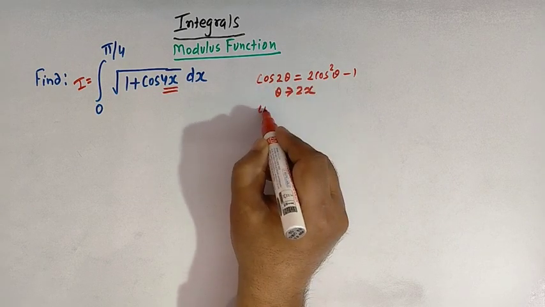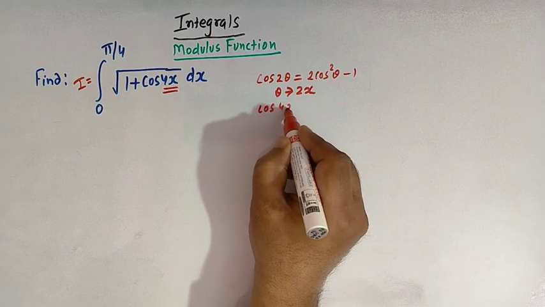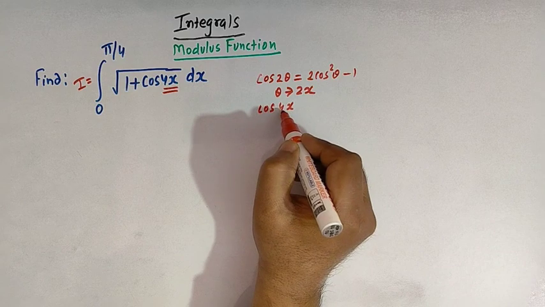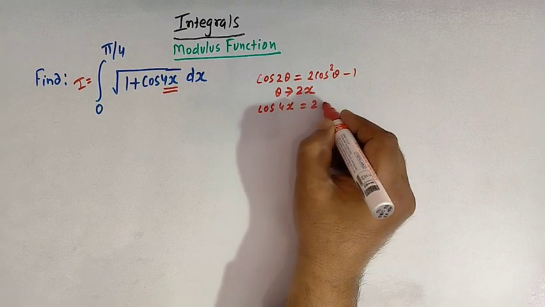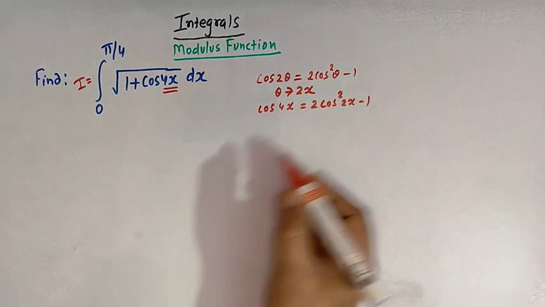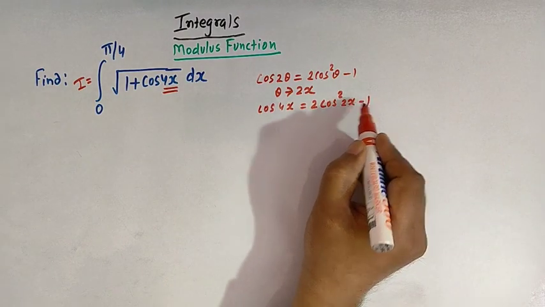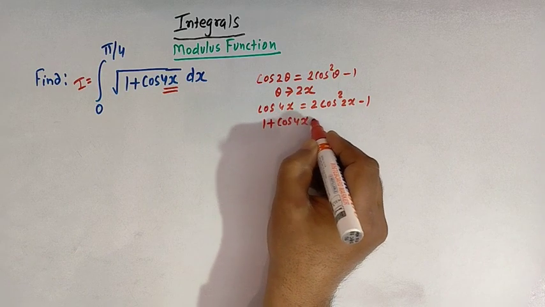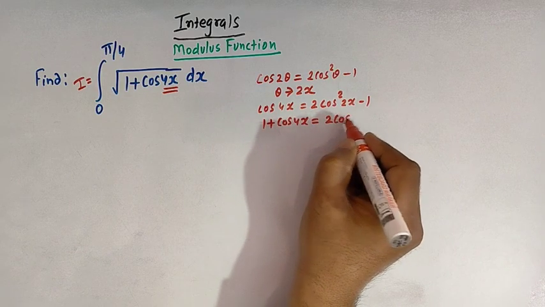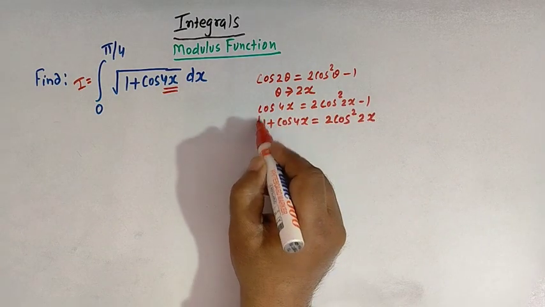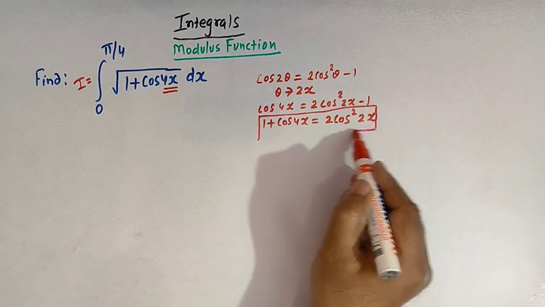We will get cos of 4x, because theta is 2x, so 2 times 2x is 4x, and here we have 2 cos square 2x minus 1. Now we can take this negative 1 to this side, so we have 1 plus cos 4x is equal to 2 cos square 2x. So now we have obtained this identity.